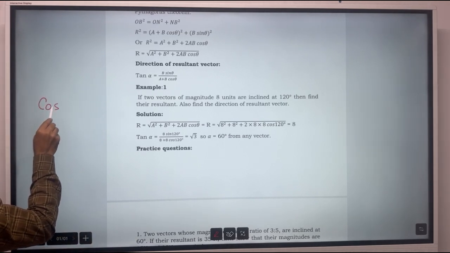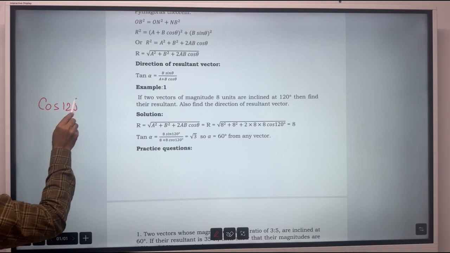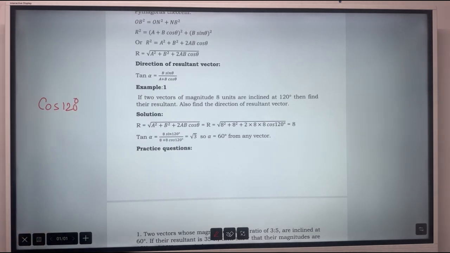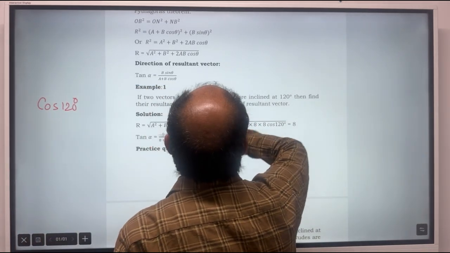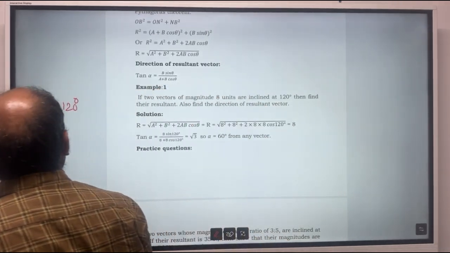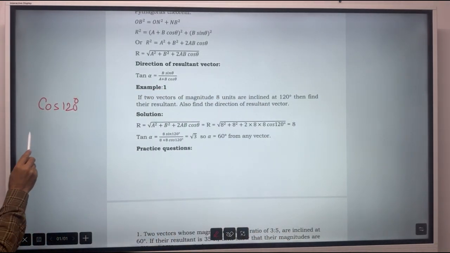Suppose you want to get cos 120 degrees, and this is the question in your mind because you have studied only till 90 degrees. So I'm going to elaborate the concept of how to get values beyond a certain angle.